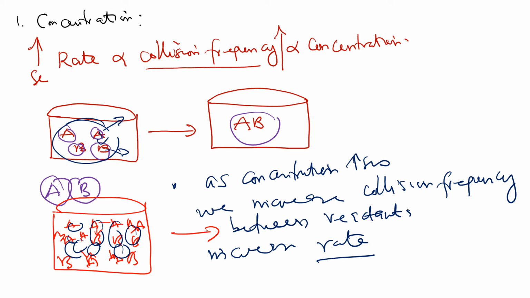All right, let's look at the second thing that affects rate. Now we want to look at temperature. The key word I want you to note in all these factors that affect the rate of a chemical reaction is what?